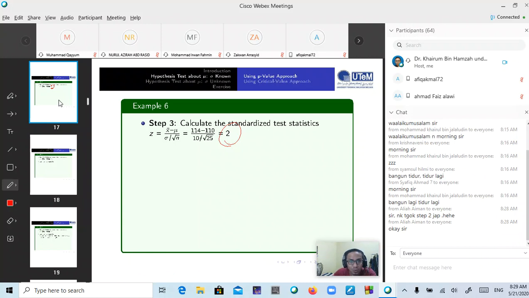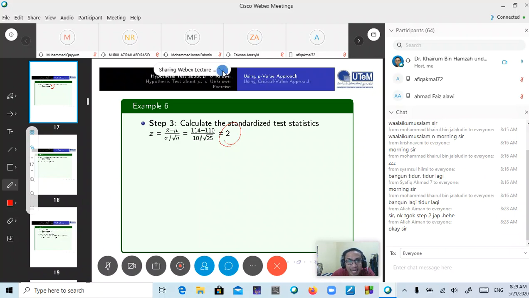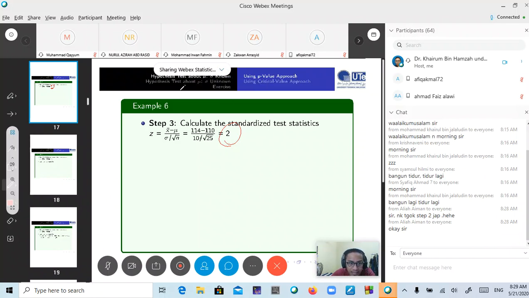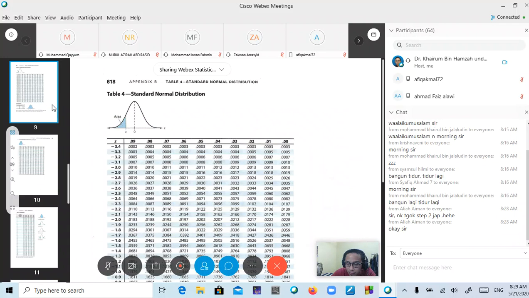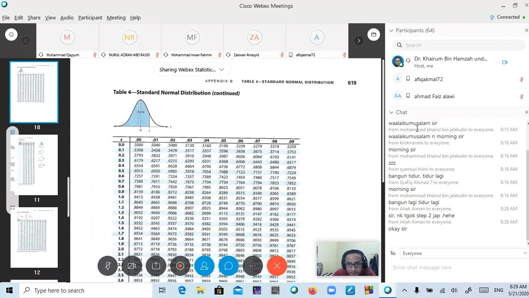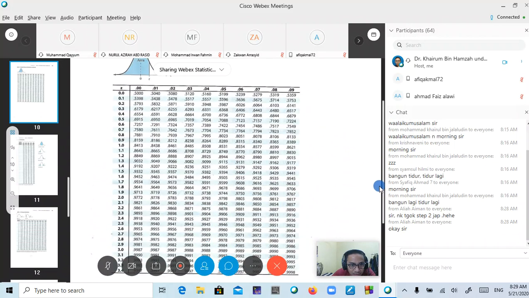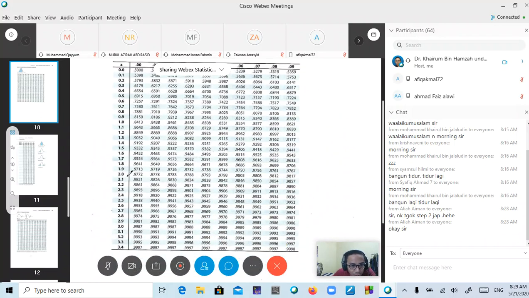After you get 2, you want to proceed to step 4. Okay. Step 4, awak kena tengok table. Tengoklah Z equal to 2, berapa awak dapat? Okay, kejap. Make sure buka table semua. Z equal to 2, 0.9772. Okay.